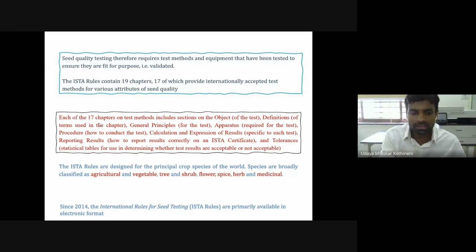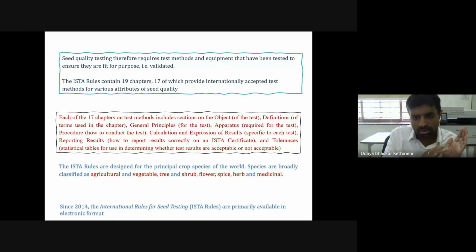For example, the ISTA rules started in 1924. If you look at 2025 compared to 2024, for some species or some methodology for a particular test, there are amendments. So it is an evolving aspect of the ISTA rules.